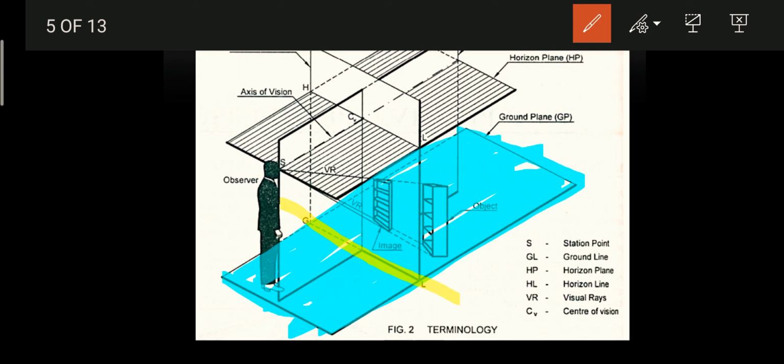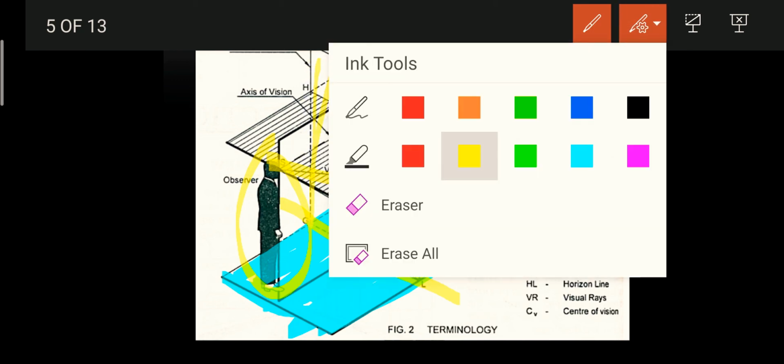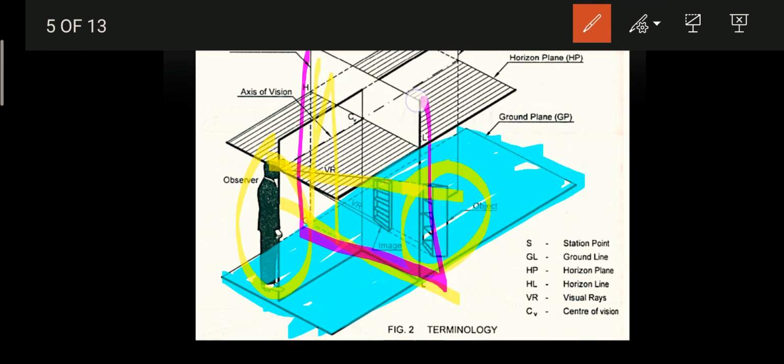the picture plane. Okay, first of all I'll tell you about the picture plane. What is picture plane? A person is seeing the object. Here is the observer and here is the object. A person is seeing the object and the image is being formed at this level, and the image is forming here.